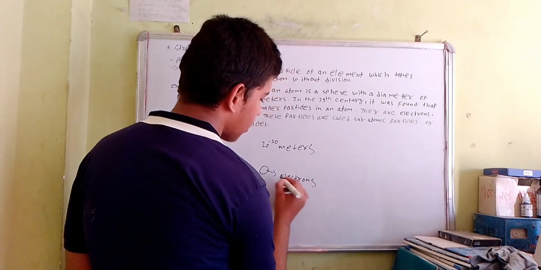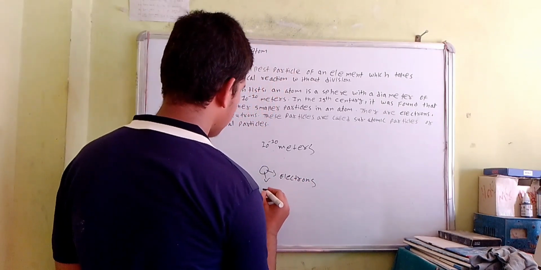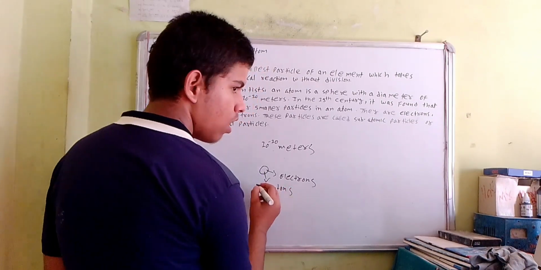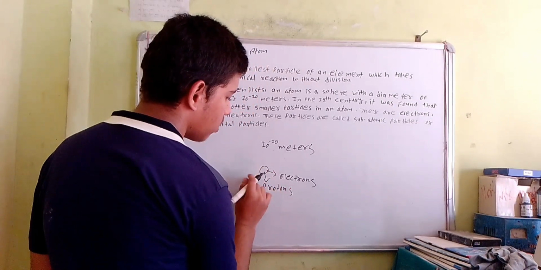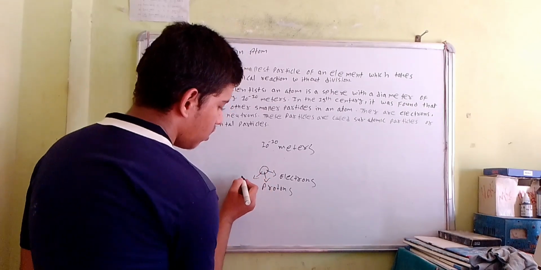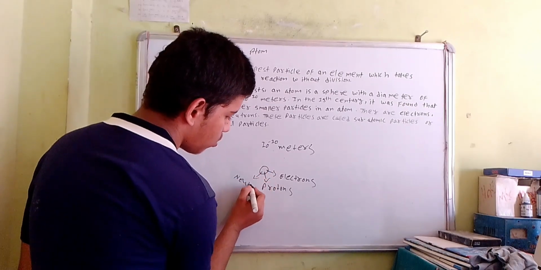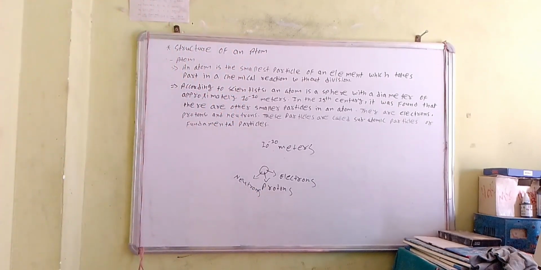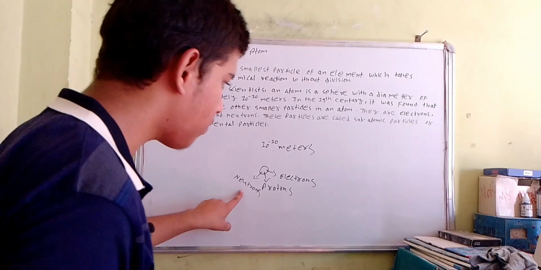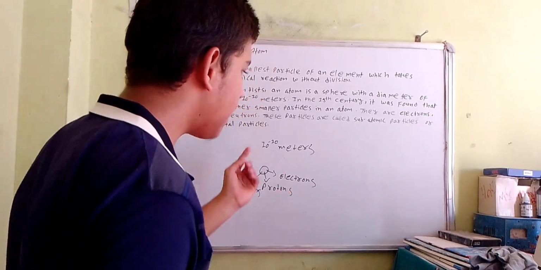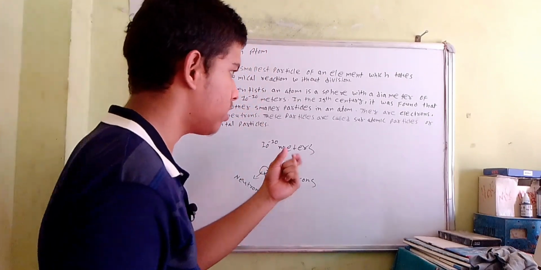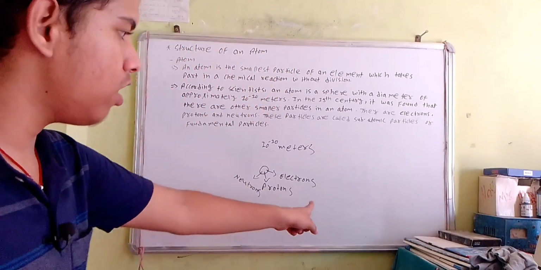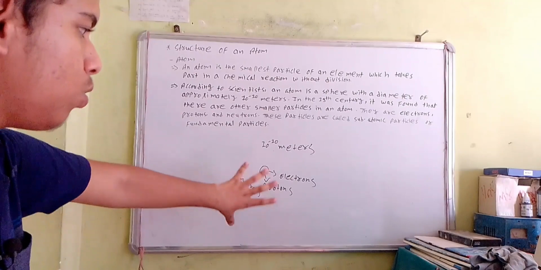Protons. And the third particle is neutrons. An atom is made of these three particles: electrons, protons, and neutrons. You need to remember this.